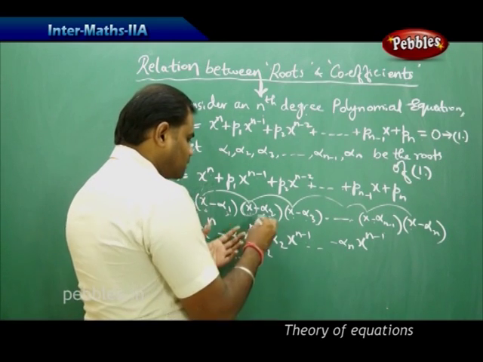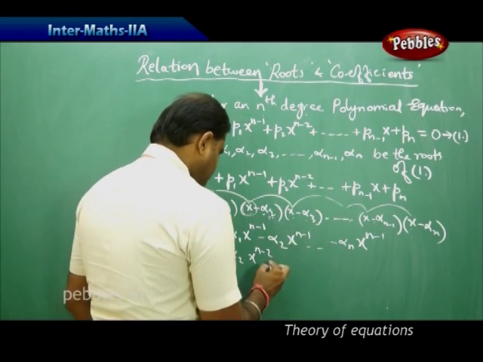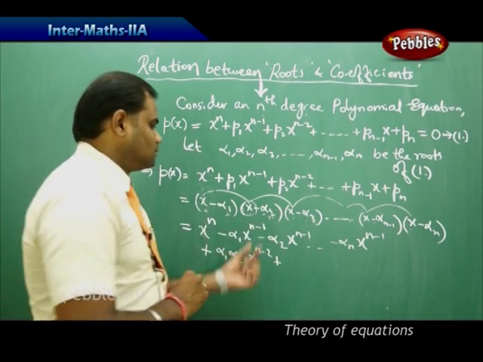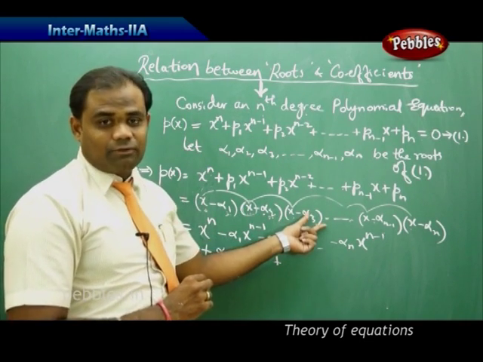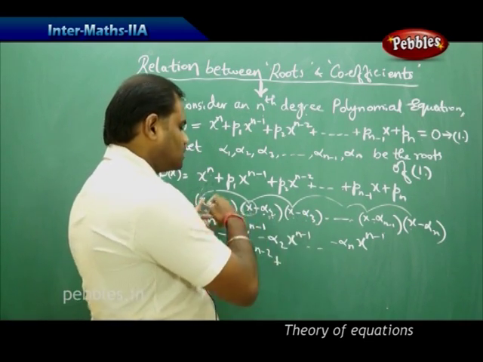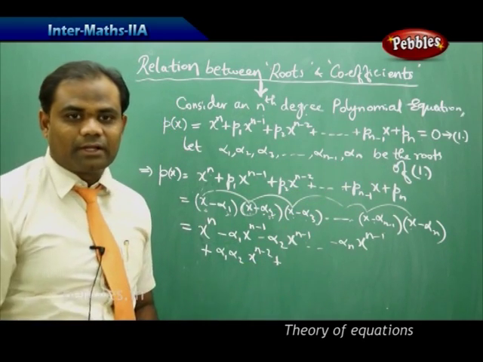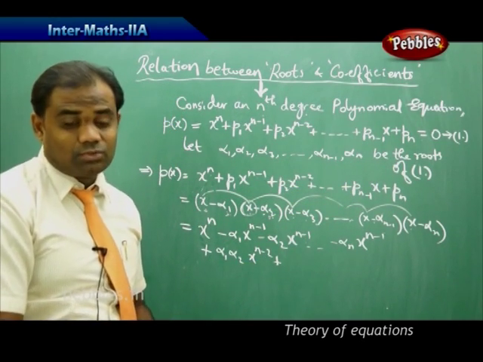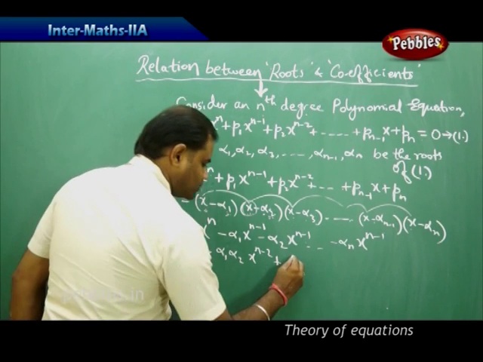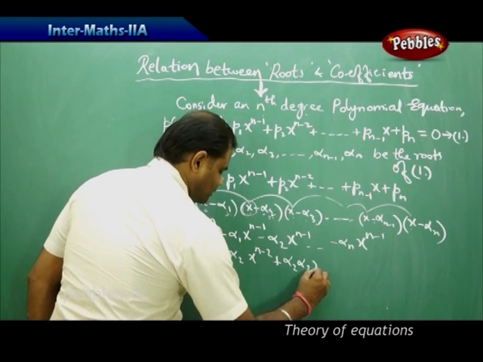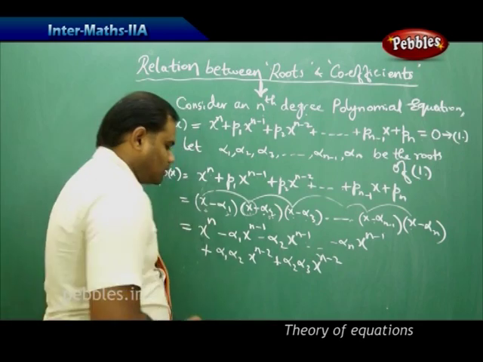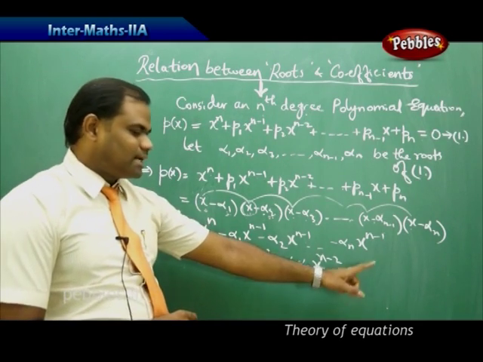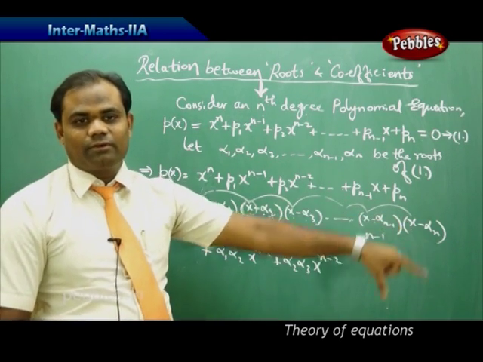Now similarly, when I take alpha 2 and alpha 3, minus alpha 2 into minus alpha 3, these two x terms are removed, and the whole of x power n with two x terms removed gives me alpha 2 alpha 3 of x power n minus 2, and so on and so forth. Next I get alpha 3 alpha 4, alpha 4 alpha 5.